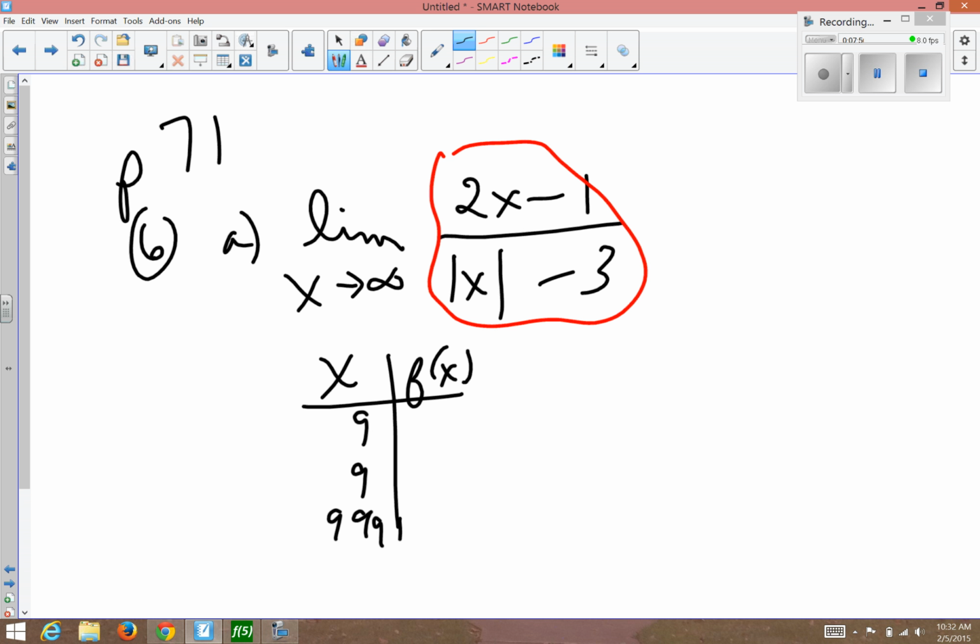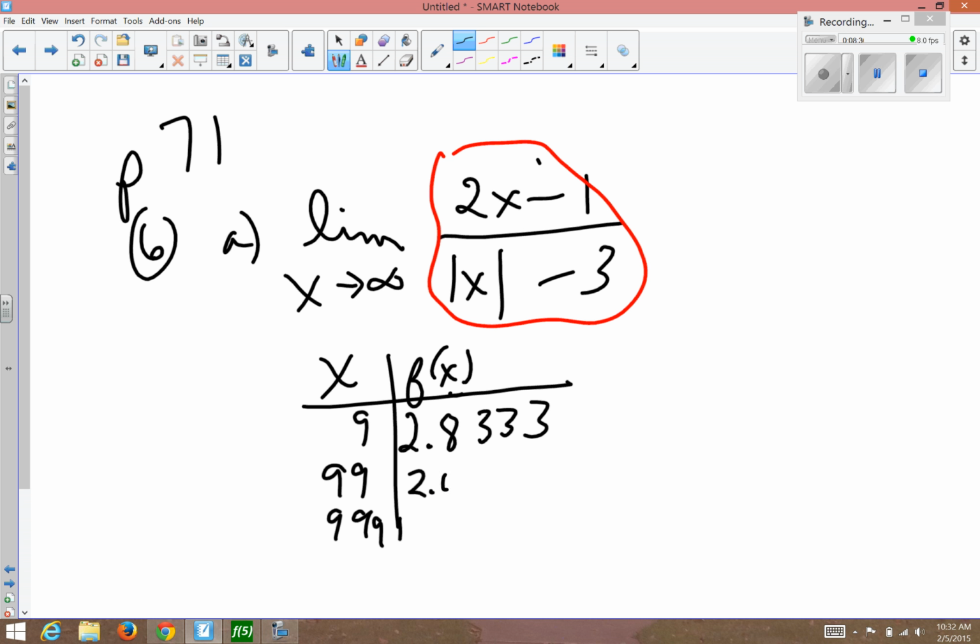So I'm going to do something on my calculator. I'm going to calculate the thing in the red when x is 9. And I got 2.8333. I'm going to calculate this in the red when x is 99.